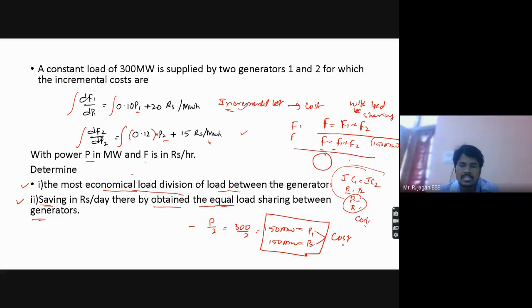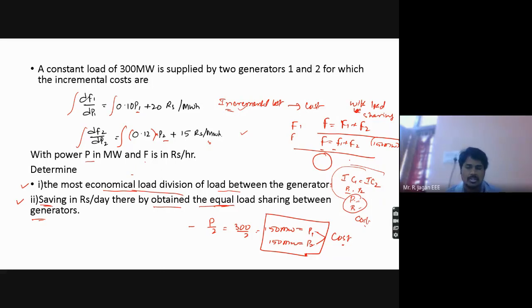So one cost is with load allocation, one cost is with equal load sharing. Then substitute in the F values, and you will get the total cost. Then subtract the two values of F in the two cases, and that is nothing but the saving. So you try to do this problem. Again, tomorrow also we'll go for this.